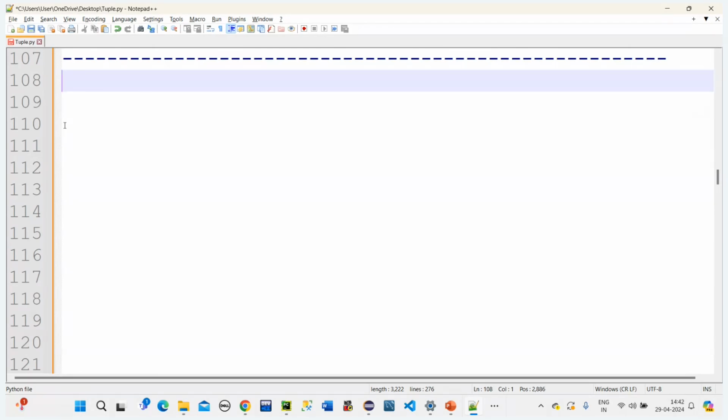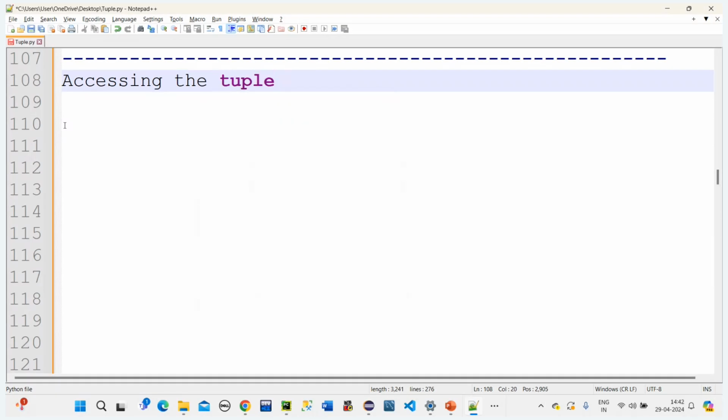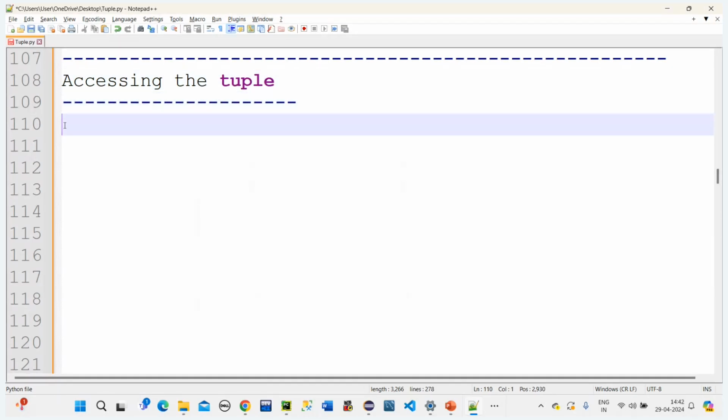Now see here, accessing the tuples. How can we access the tuples? We have three ways. The first one is directly by the print function.